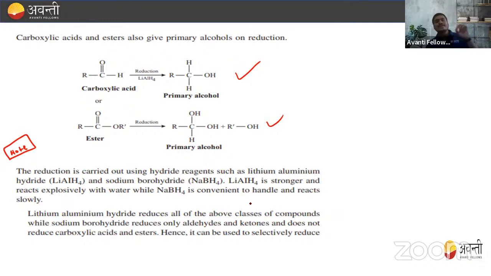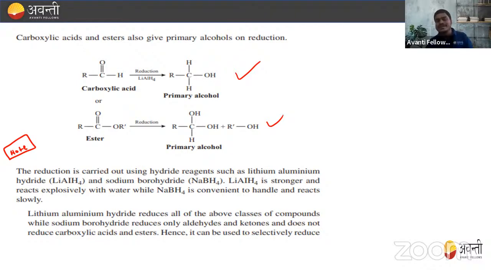Always remember, lithium aluminum hydride is stronger and reacts explosively with water, while sodium borohydride is convenient to handle and reacts slowly. Lithium aluminum hydride reduces all the above classes of compounds, while sodium borohydride reduces only aldehydes and ketones and does not reduce carboxylic acids and esters.